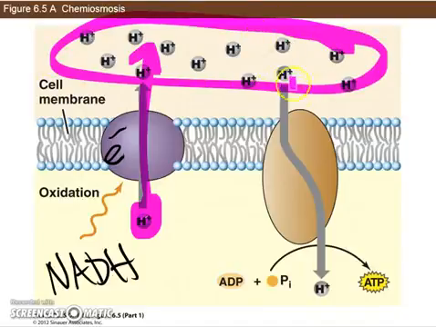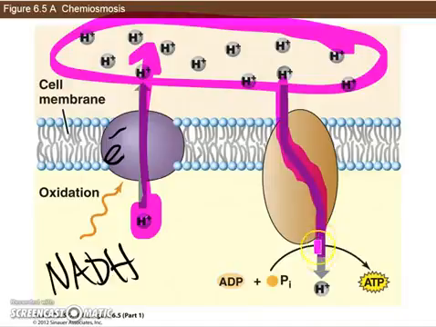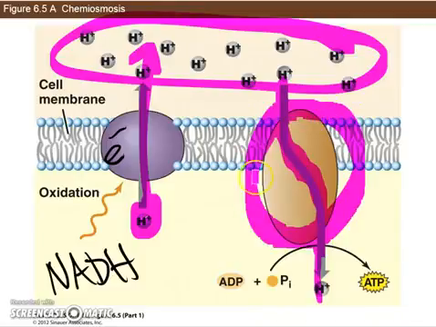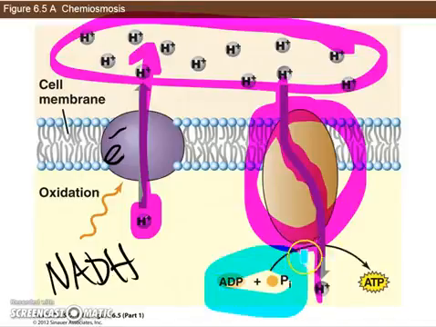They move through, down, down, down this transmembrane protein called ATP synthase, and they go out here. It's kind of neat because it takes this protein and actually moves it. It's almost like a water wheel. If this were water and it were moving, it actually turns the water wheel, which gives the energy to make electricity, but in our case, to put ADP and phosphate together to make ATP.